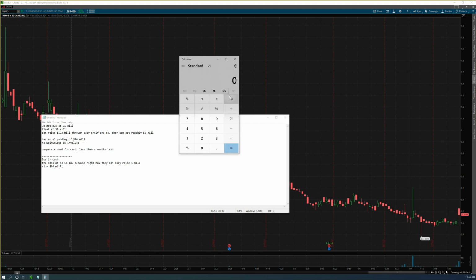An example is I've heard some people say that the warrants are at $3. In this case, we'll keep it simple. Let's say the warrants were at 60 cents. When it touches 60 cents and it fades, people are like, oh my God, it's the warrants. They exercised the warrants, I swear they did.